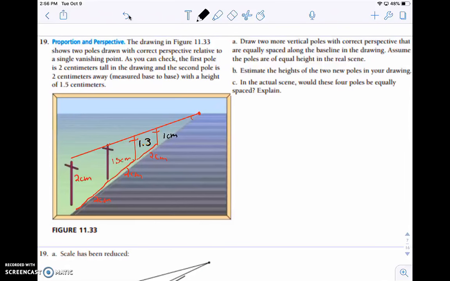And then question C: in the actual scene, would these 4 poles be equally spaced?